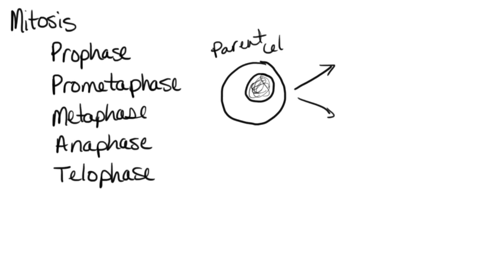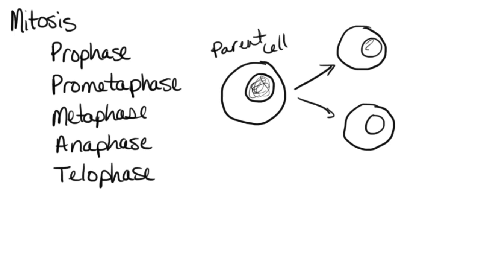We're going to go through these 5 phases, and we're going to take that parent cell, and we're going to end up splitting the nucleus into 2 different cells. And this really will be mitosis along with the cytokinesis part, because that will split the remainder of the cells. These 2 cells, those are the daughter cells. And these daughter cells, as we mentioned, they'll be identical to each other. They'll be identical to that original parent cell.